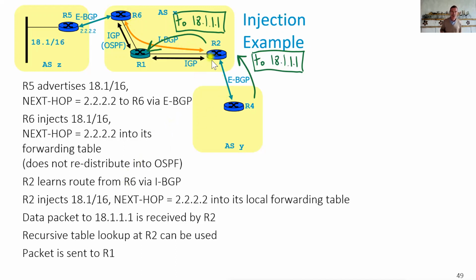R2 will put into its routing table 18.1 destination and next hop 222. And because 222 is considered as an internal prefix in this middle AS, the OSPF of this middle domain will find a route and will know that in order to go to 222, we go to R1 East here. So if a packet reaches R2, coming from this place here to this destination, the packet will be sent to R1 as expected here.